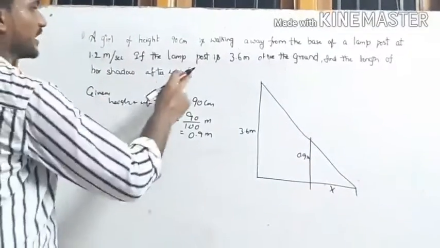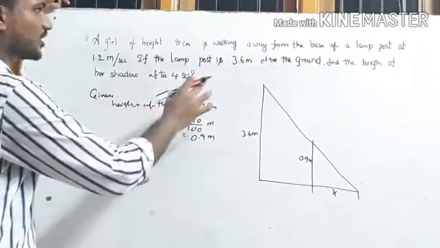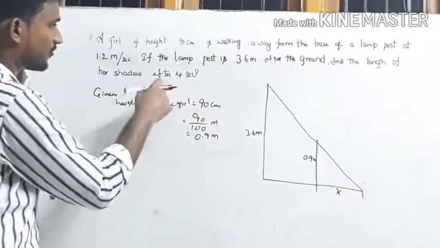Next, the lamp post is 3.6 meters. Find the length of her shadow after 4 seconds.